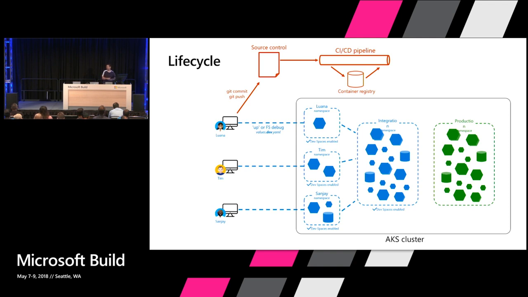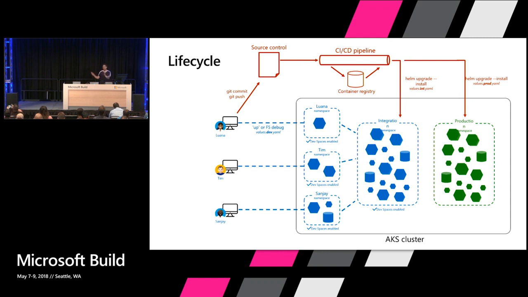But you could use whatever CI/CD pipeline that you want here, which would be building your container after you've committed code, pushing it to a registry, then doing a Helm upgrade install into the integration namespace. And whatever you put in there, because it's Dev Spaces enabled, ends up having that rich instrumentation. If those look good and you actually want to release to production, well, that's just a CD. It's another Helm install to another production cluster or a production namespace.